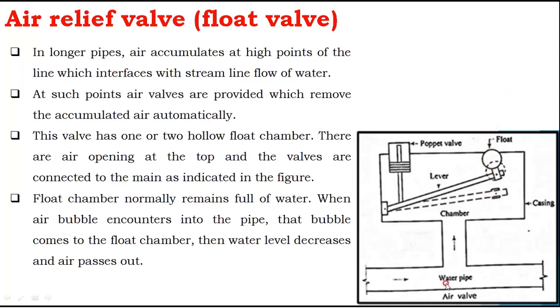When there is no air bubble, and only the pure incompressible fluid is there, then this water will come here and this float will come and stick to the opening, so that water will not go like this, only air can pass.